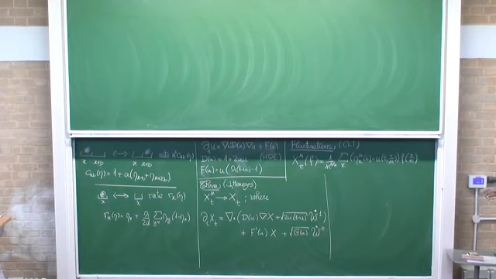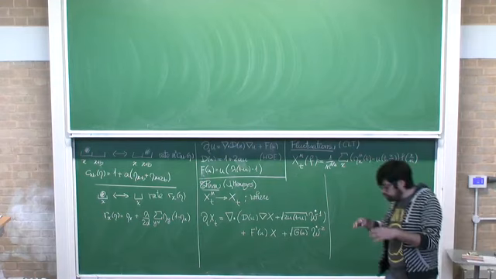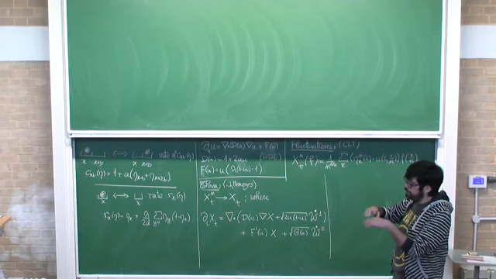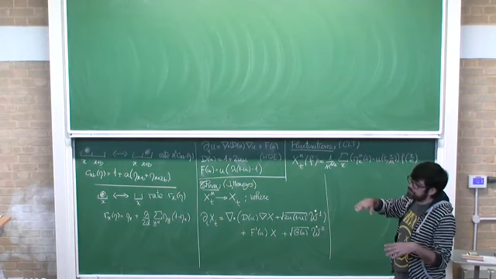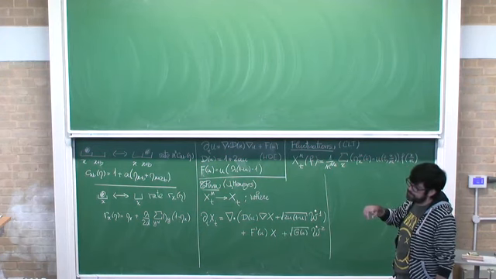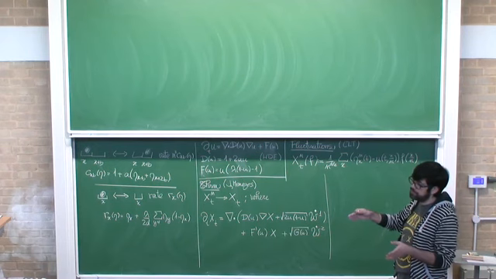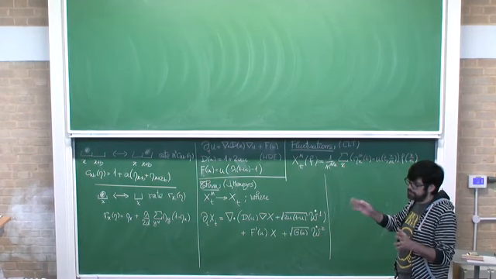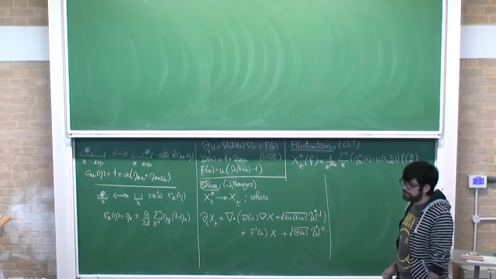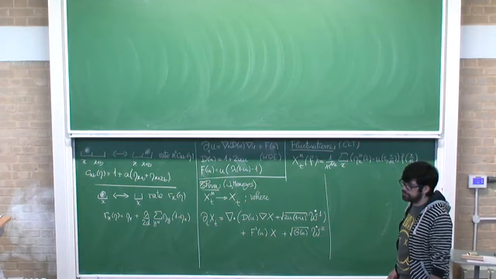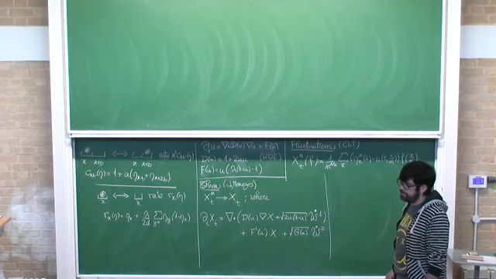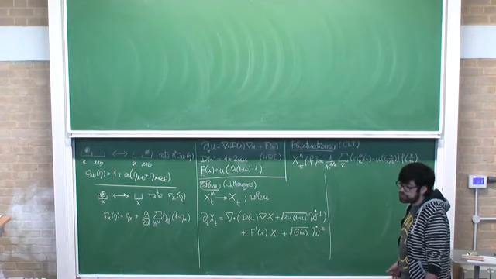Because KPZ is not supposed to be observed if the interface is not flat, right? If the interface has curvature, it's not clear what is going to happen. I don't know if it's not known, but I don't know.